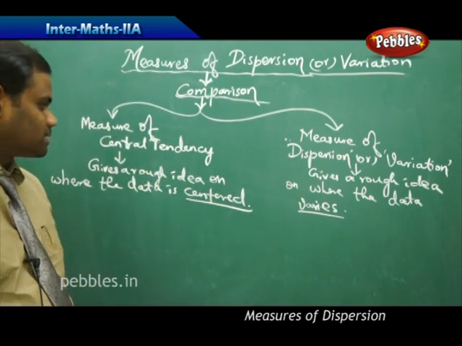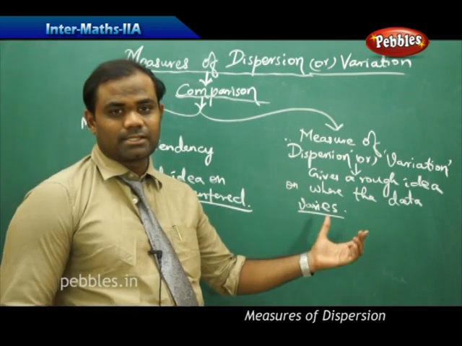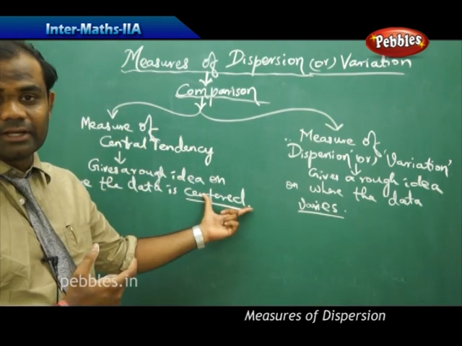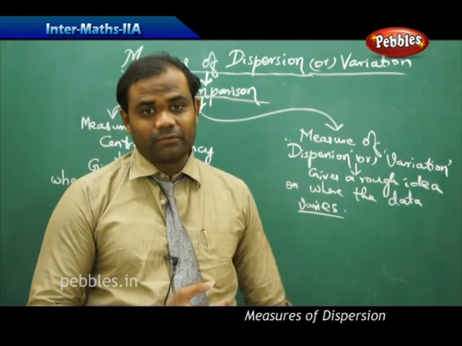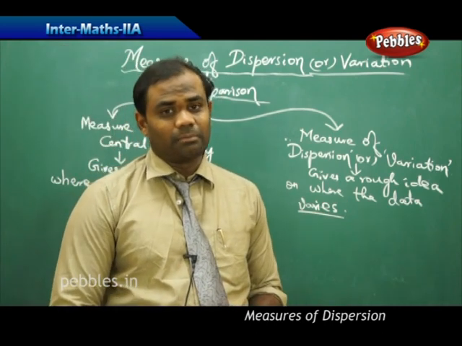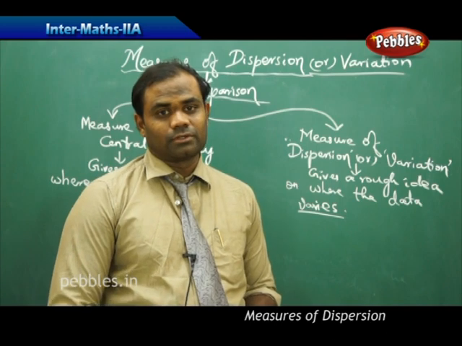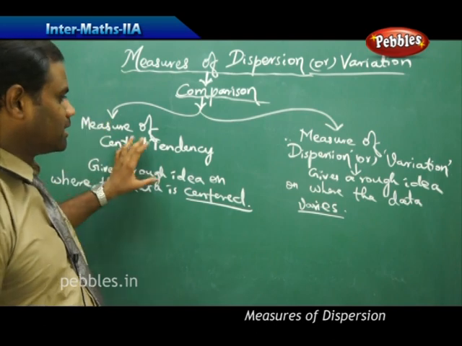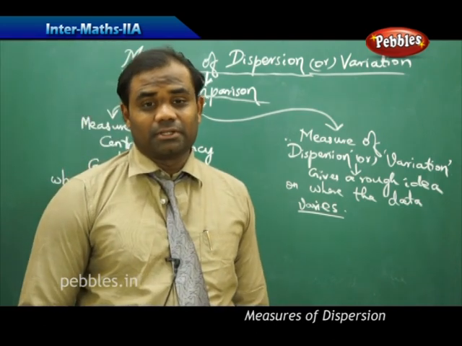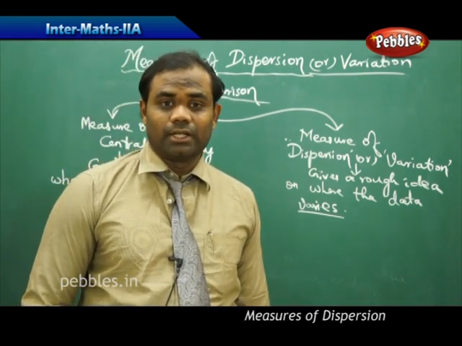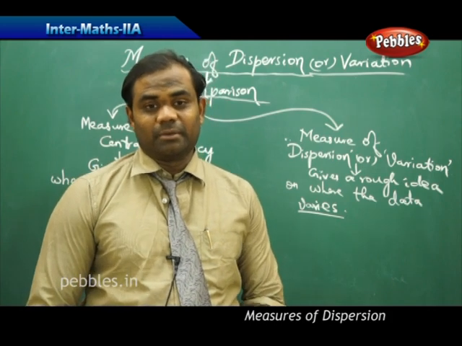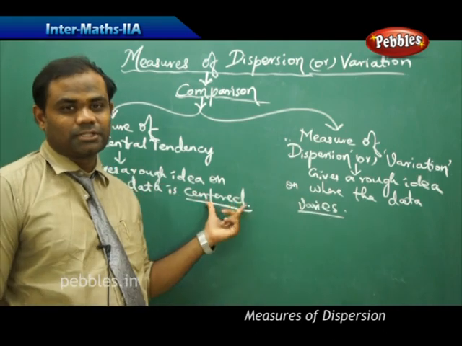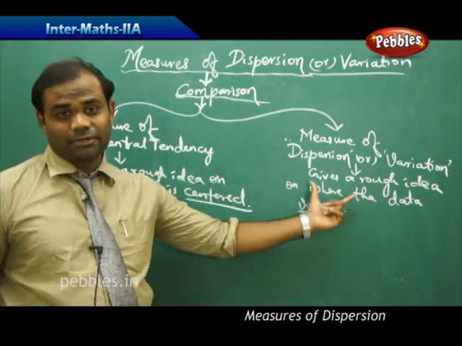So based on this, we can make a more statistical survey on not only identifying the region where the data is centered, but also on where the data varies, including all the data points taken into consideration. So therefore, it is very important that in the branch of statistics, measure of central tendency and measure of dispersion are equally important in its examination. Now that we have compared the two measures, one is the measure of central tendency and measure of dispersion.